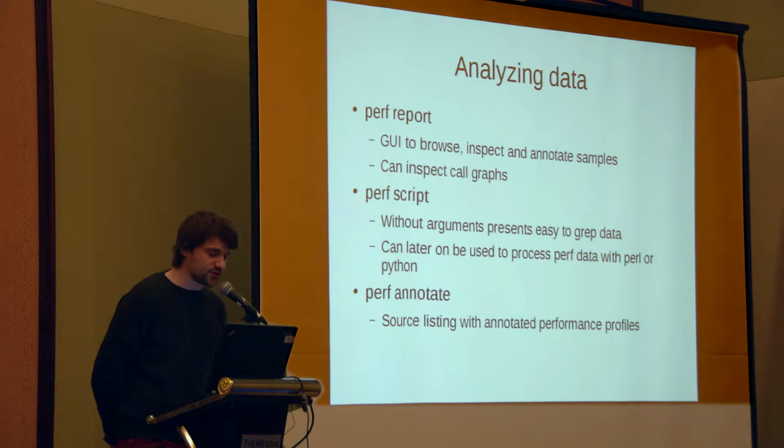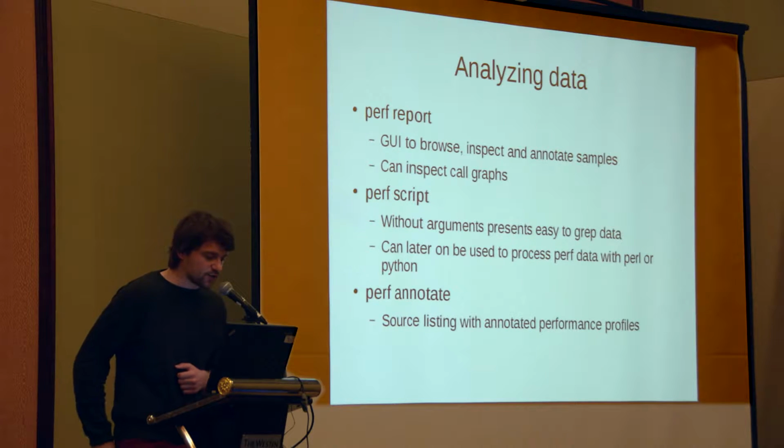There's also perf script. Perf script without arguments just gives you a very easy to grep and maybe even shell-process way to look at the data. But it also allows you to implement small scripts with Perl and Python, which already have the correct callbacks for all your events, and they already pass the specific arguments they collect in the kernel as Perl or Python arguments.